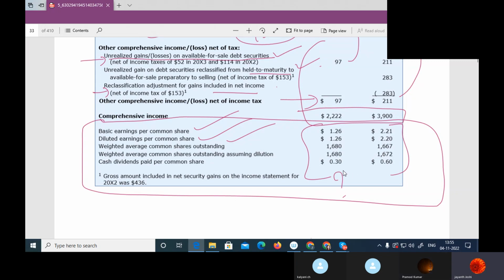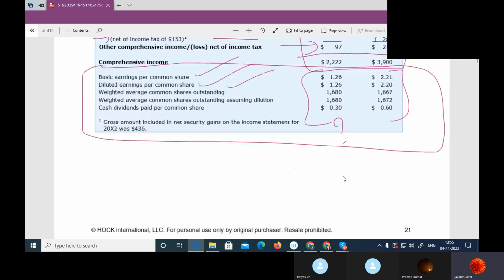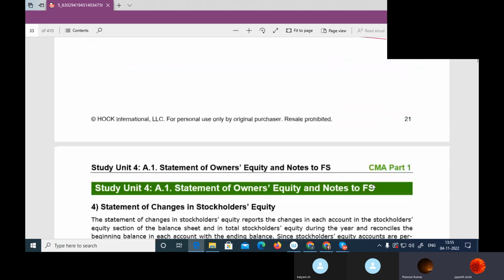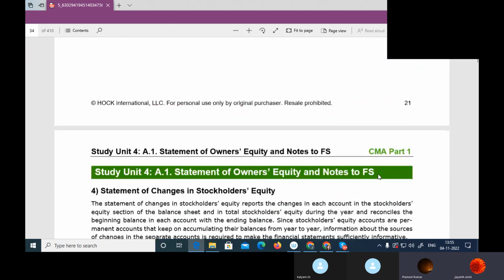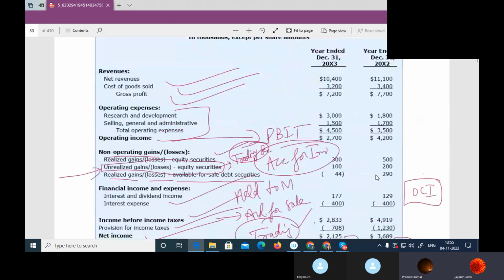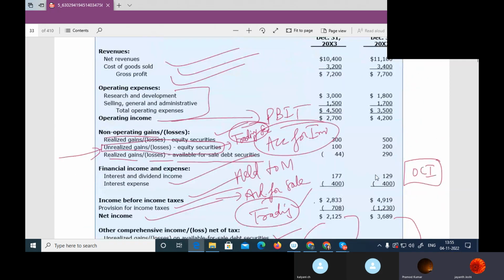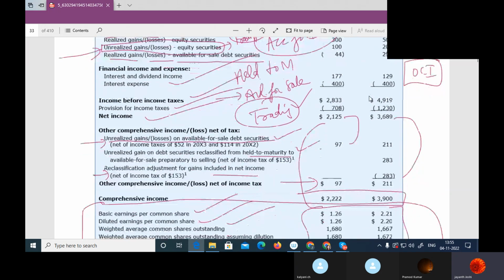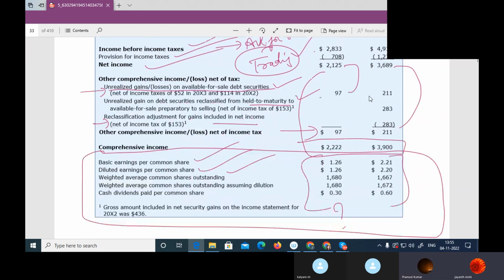If the EPS is increasing every year, what more do you want? It's a true performance parameter, correct? Yes. Just have a look at this. We'll move forward. Then comes the statement of changes in equity after this.